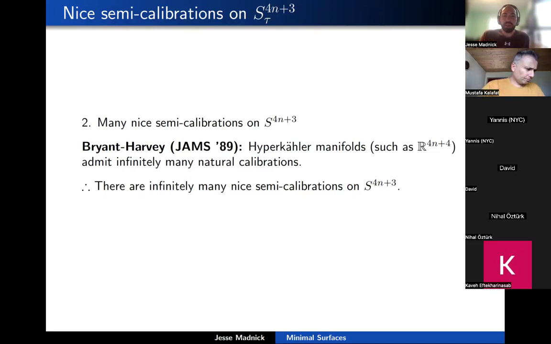There are infinitely many natural calibrations. You can take suitable polynomials of the 3 Kähler forms, omega I, omega j, and omega k. Bryant and Harvey explain how in degree 4. And you can get tons of calibrations. And from the philosophy that we've discussed earlier, this gives you lots of nice semi-calibrations on the 4n plus 3 sphere.